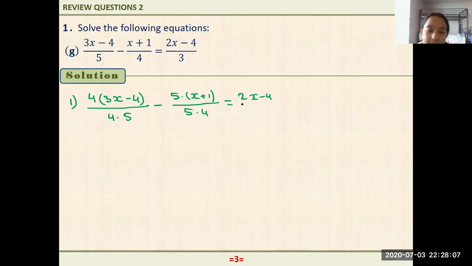2x minus 4 over 3. So now we have 20 and 20, so we can write everything under a single fraction line. Here we have 20. Now we have to expand this. We know how to do this from chapter 1. 4 times 3x, 12x.